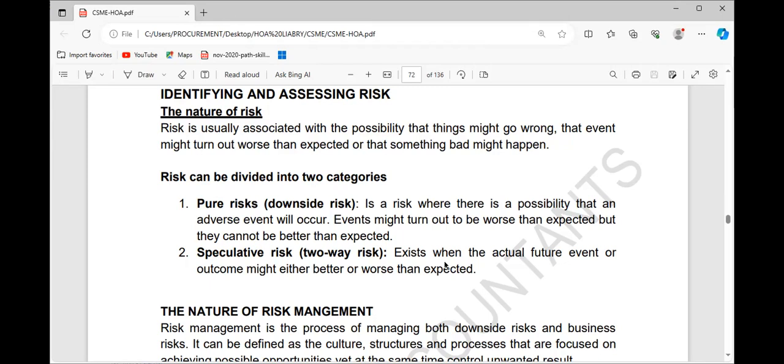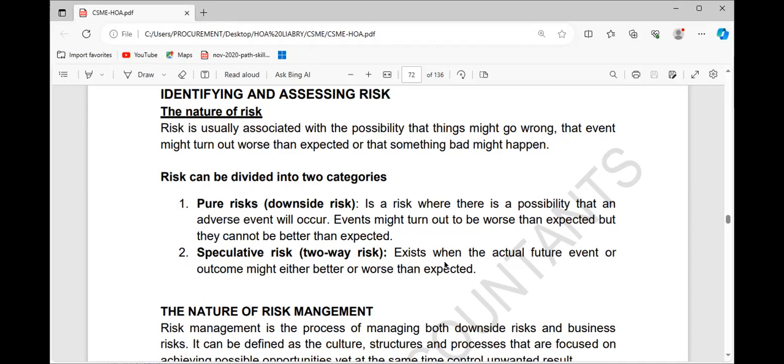That is what we call pure risk. So when you say the risk is pure risk, it means it's a risk where there is a possibility that adverse events will occur. There's no hope that there's going to be a positive outcome.